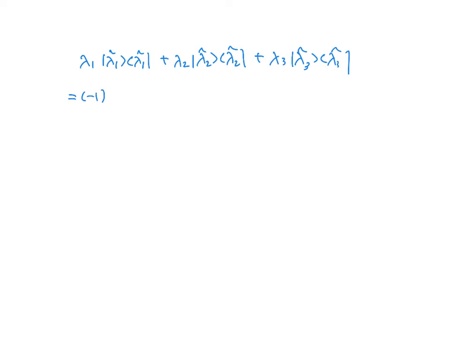So we have minus 1 times 1 over 6 times the outer product of (1, minus 2, 1). Lambda 2 was plus 1, times 1 over 2 times the outer product of (1, 0, minus 1).